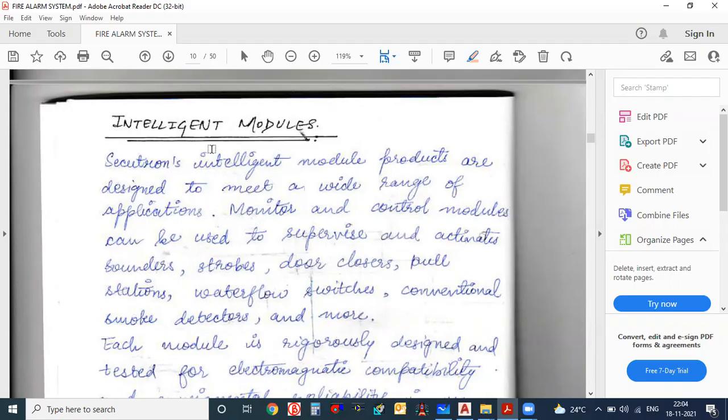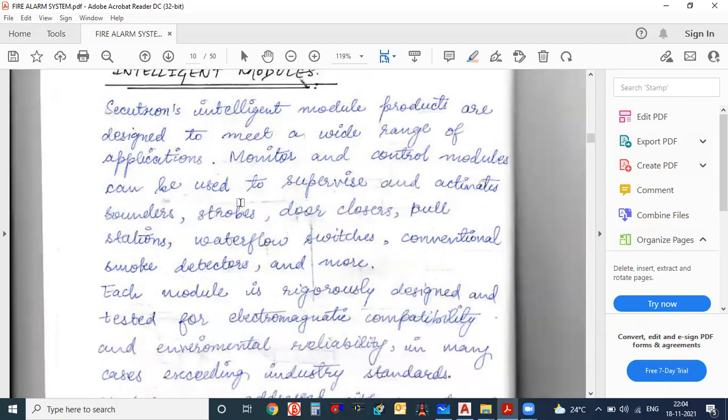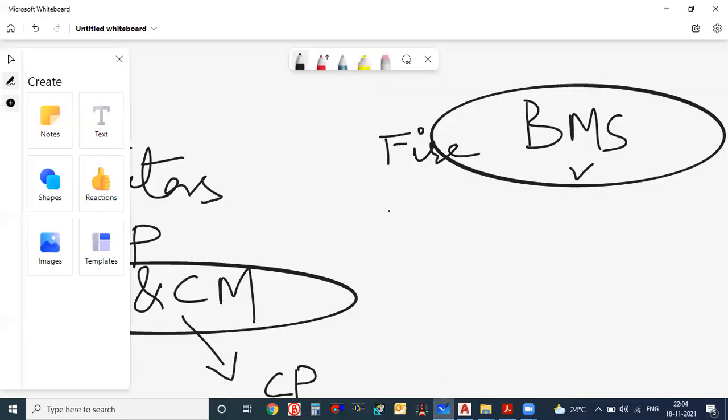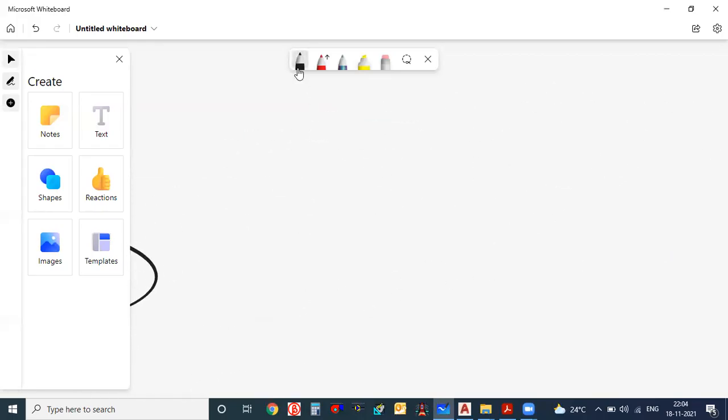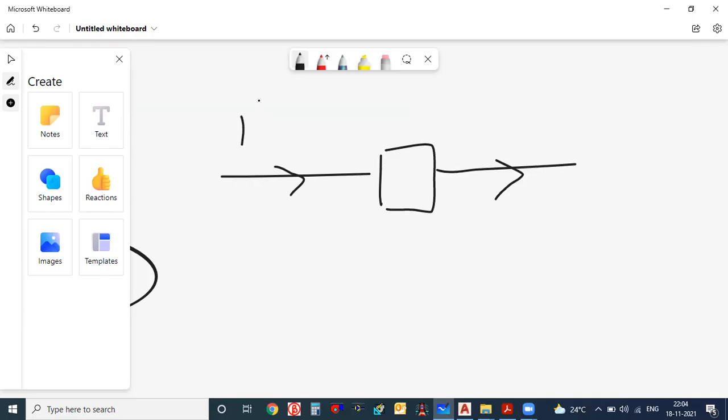Next, after this, basically it is used to supervise, and there are three things you can understand in a fire alarm system. The very basic thing is this is the input, this is the fire alarm control panel, and this is the output. We need to understand what the input is and what the output is.